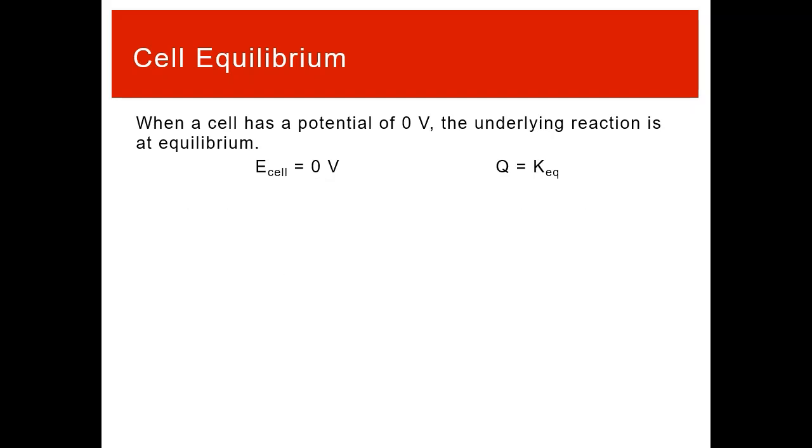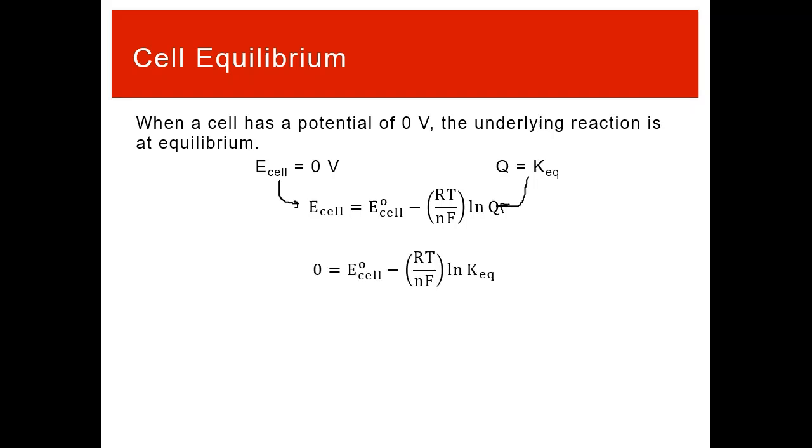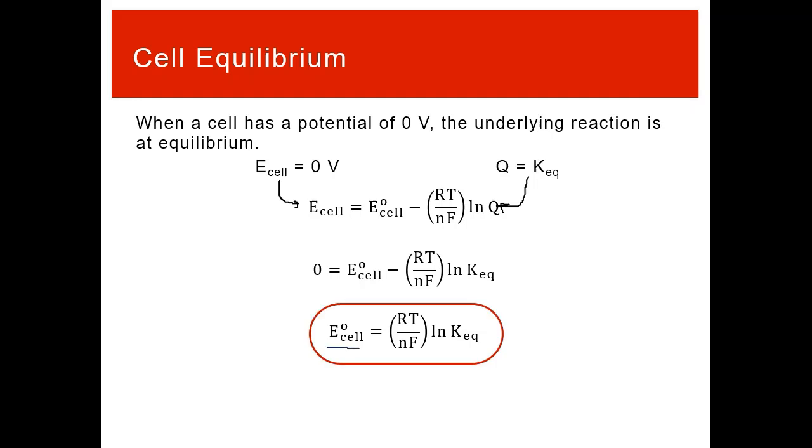So if we take these two statements, we can take our Nernst equation and do some substitutions. We can say the cell potential is 0 and that the reaction quotient is our equilibrium constant. So we can plug those in and then do some rearrangement. And we can see there is a direct relationship between the standard cell potential and the reaction equilibrium constant.